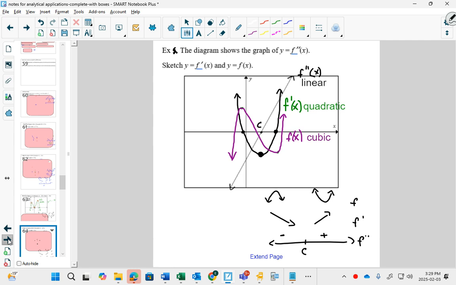So there's more than one right answer that looks completely different for this question based on how you decided to draw the quadratic. But if you decided to draw it this way, then at these points you need your max and your min, and you know that it's concave down and concave up, giving you that shape. All right, I'll see you guys tomorrow.